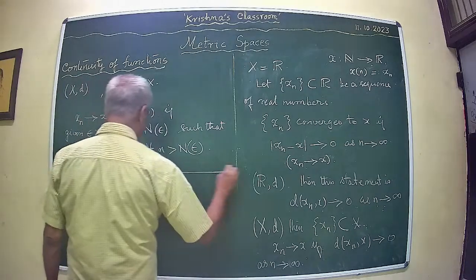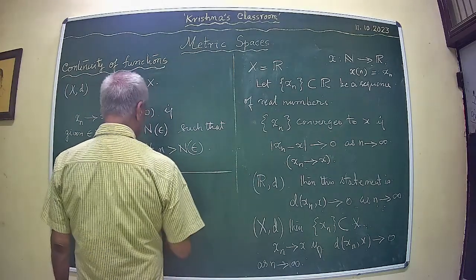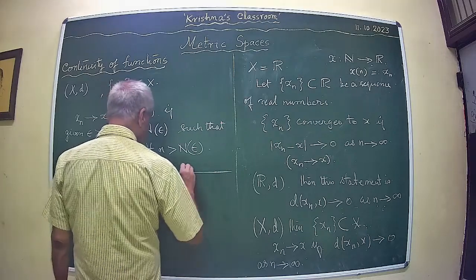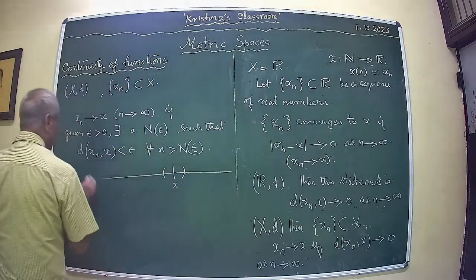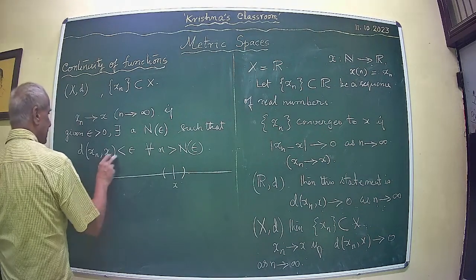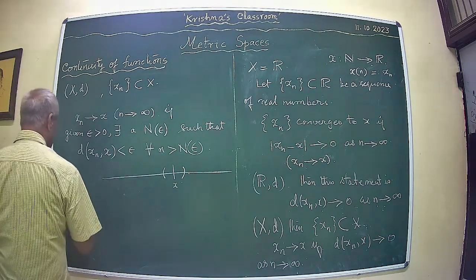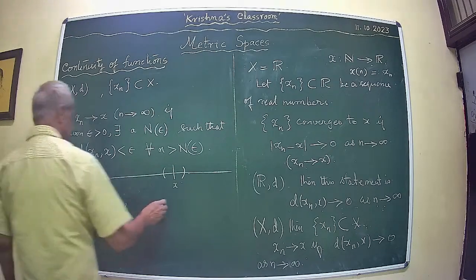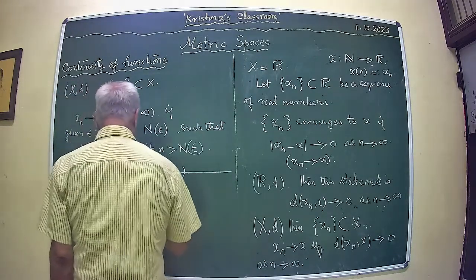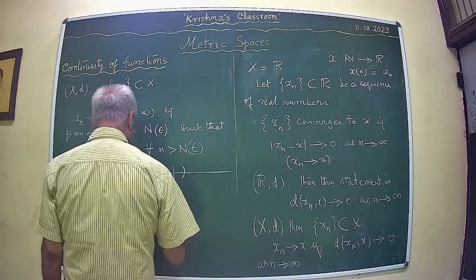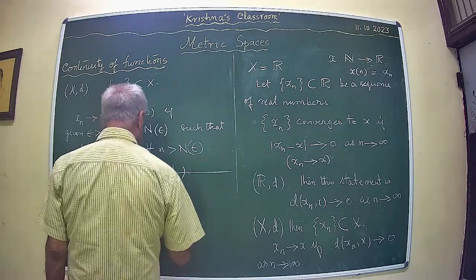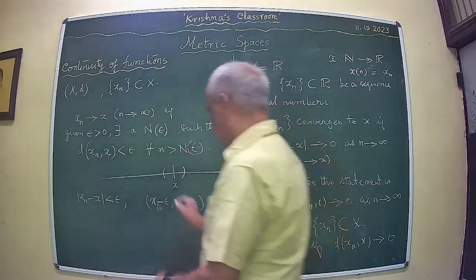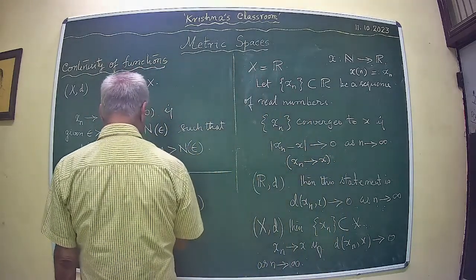See, this is what happens. On the real line, you have x, and you are talking about a sequence going to it. d(x_n, x) less than epsilon is essentially mod x_n minus x less than epsilon. That is the same as x_n lying in the interval from x minus epsilon to x plus epsilon, which is an open set.